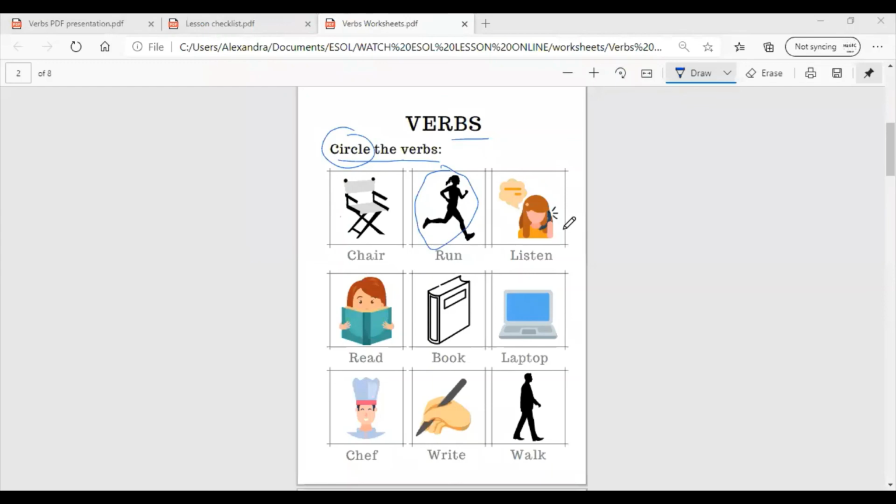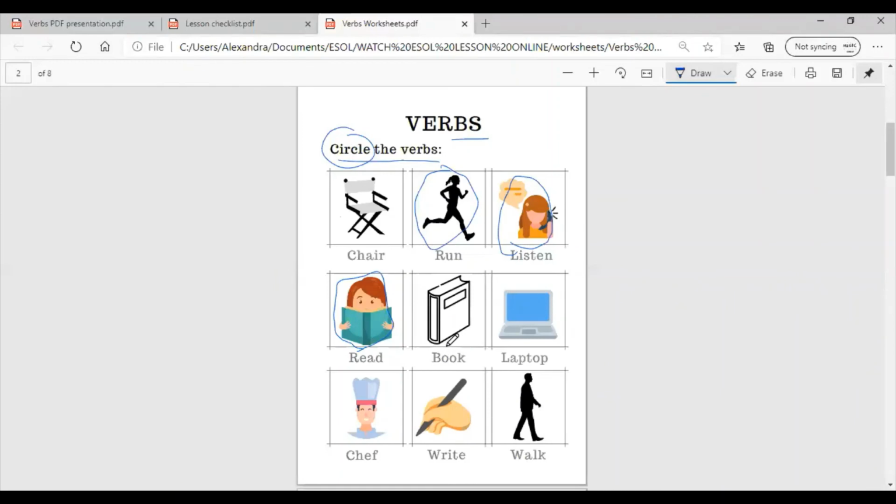So Alexa has also said listen. So listen is one. Yep. We can circle listen, as that is one of our verbs. What about reading? Do we think reading is a verb? Yep, reading's a verb. Book or girl would be a noun, but read is a verb.